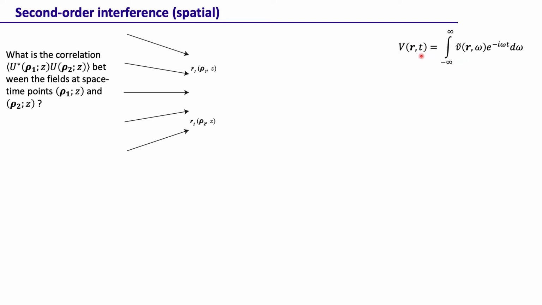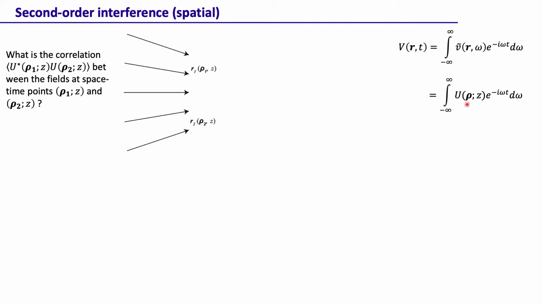from the discussion. So this is the generic signal V(R,t). When we take the Fourier transform in time, that's what we get, and this is the different frequency components. This V tilde (R, omega) we will call U(rho, z), where R is simply rho z, and we are not showing the omega frequency labeling here.